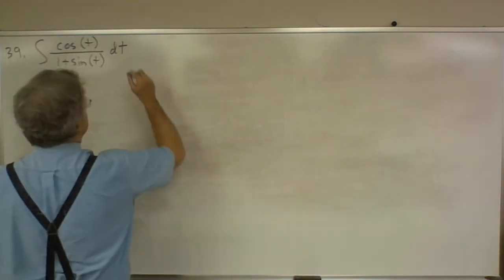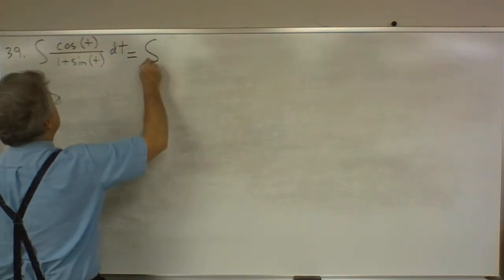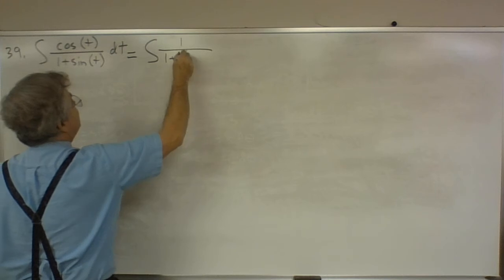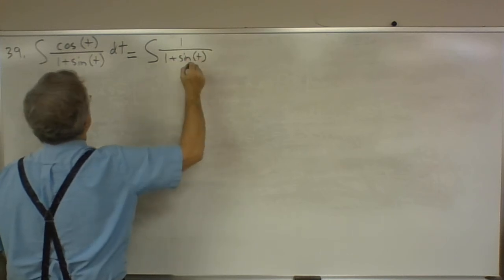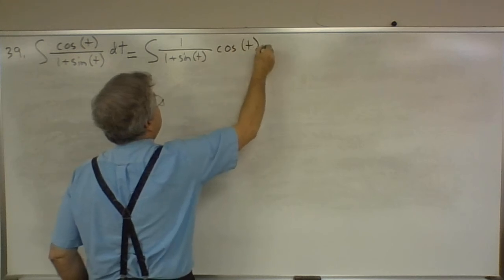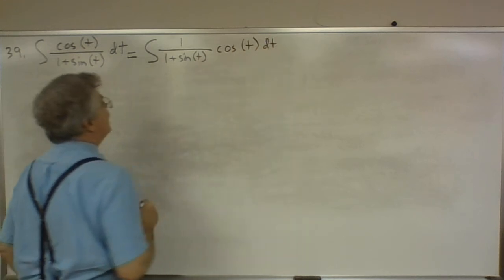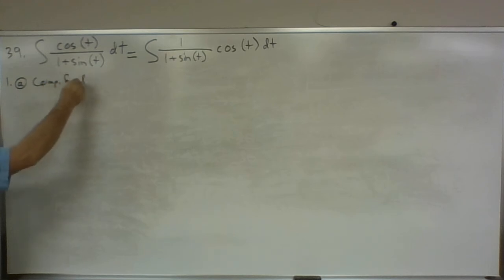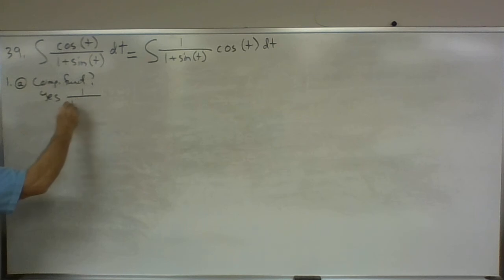So I'm going to rewrite this expression this way. 1 over the denominator times the numerator. And now when we go through the drill, composite function, yes. 1 over 1 plus sine of t.